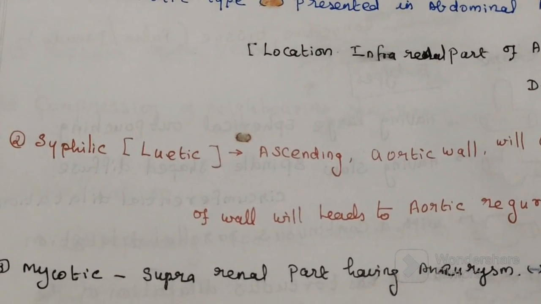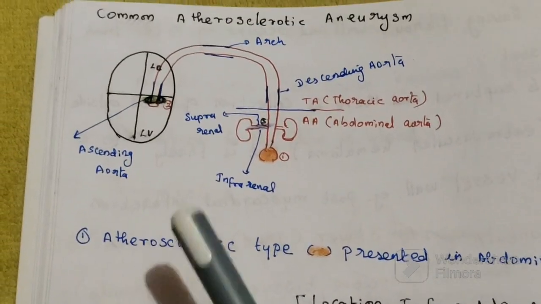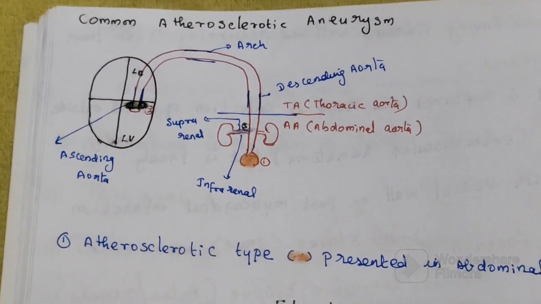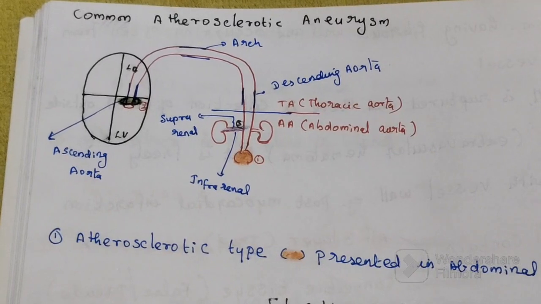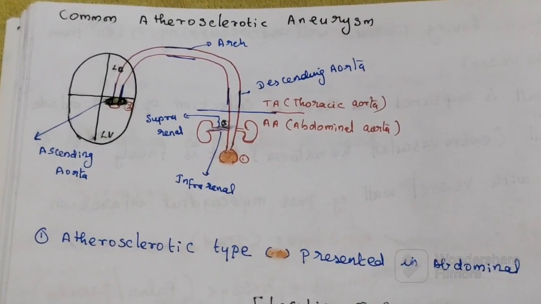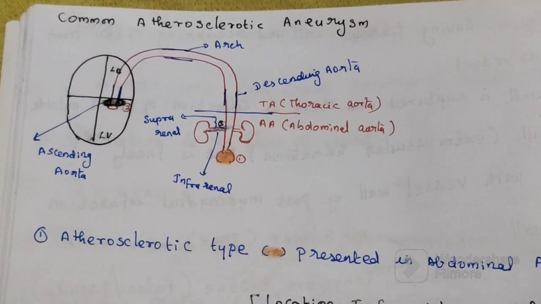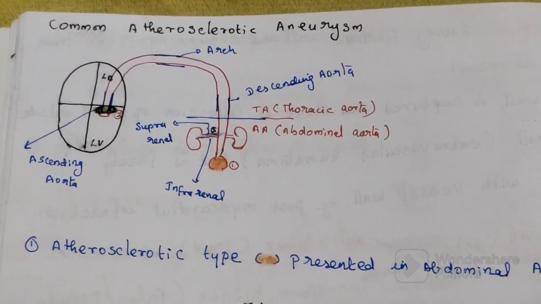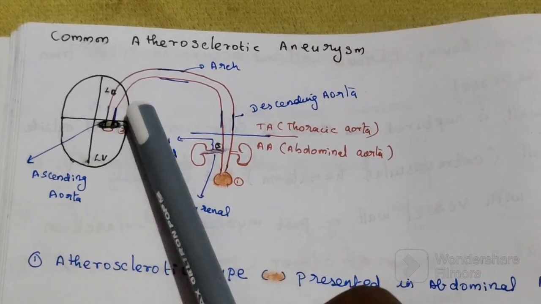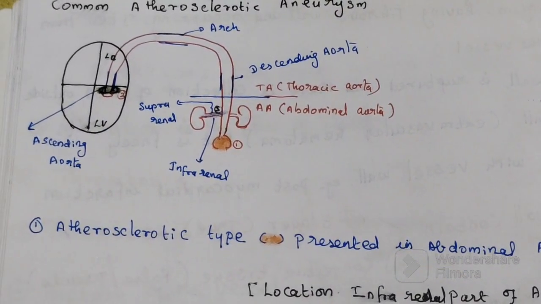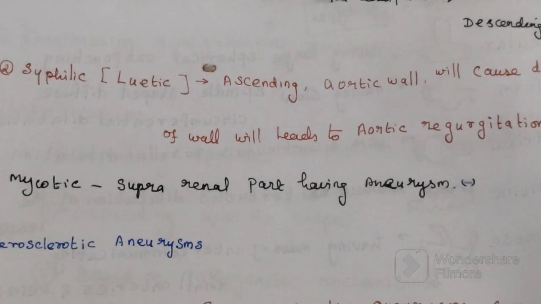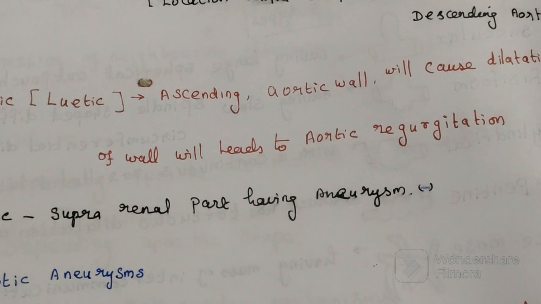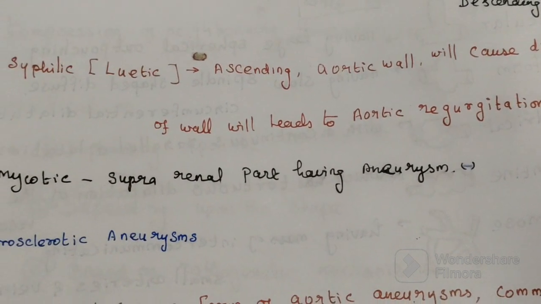Then syphilitic. This one is ascending. This part ascending, just after arrival of aorta from aortic valve. Aneurysm will cause dilatation of valve and it will lead to aortic regurgitation, AR.